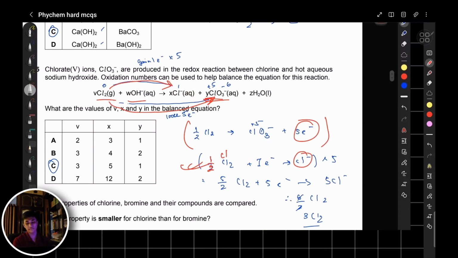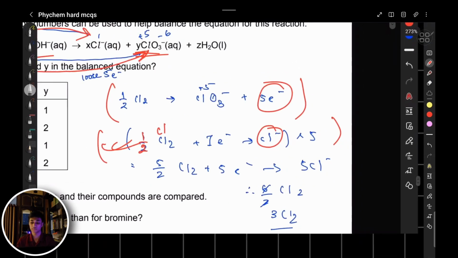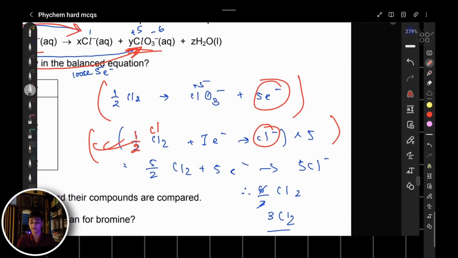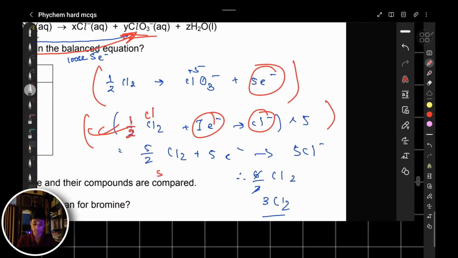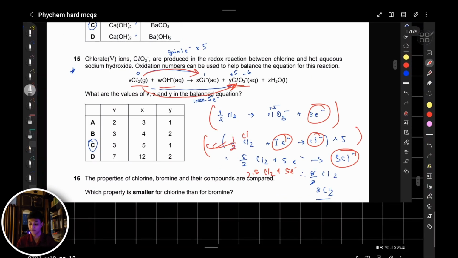But you had 5 electrons in the oxidation process. So if you have 5 electrons and you need to balance the number of electrons, you multiply it by 5. Which one? The reduction process, since there you only have 1 electron. So you multiply it by 5 and you will get 2.5 Cl2 plus 5 electrons giving you 5 chloride ions. Giving you how many? 5 chloride ions.